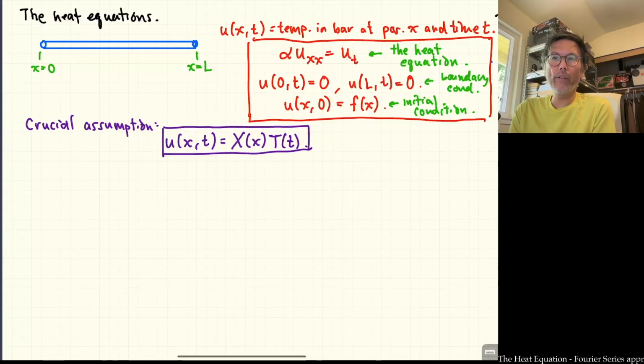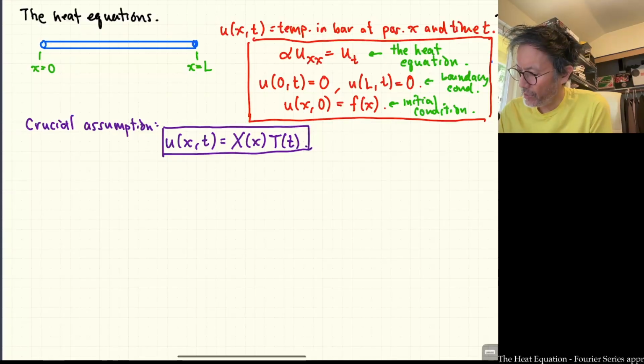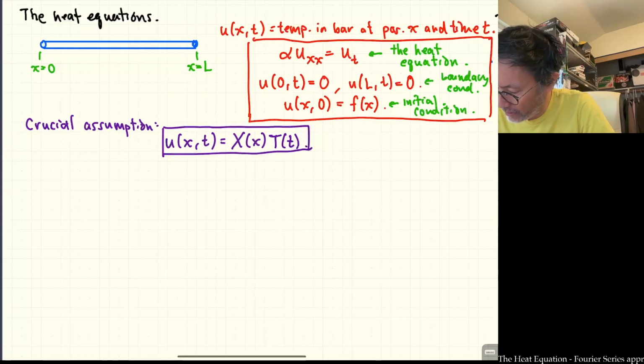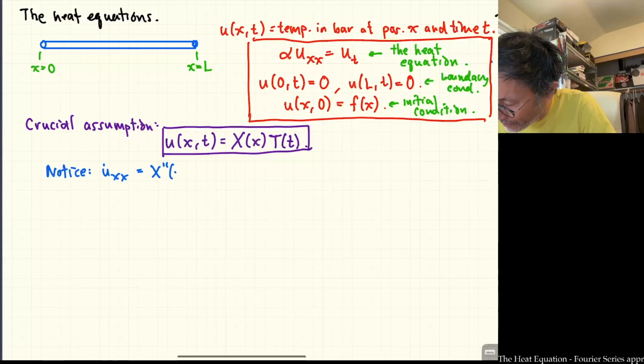If we take the second derivative of u with respect to x, then because we have this factorization of u as X times T, where X depends only on small x and T depends only on small t, the second derivative with respect to x is going to be X double prime of x times T of t.